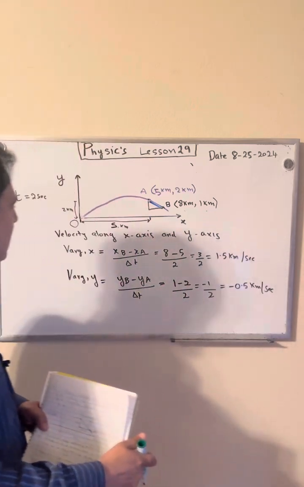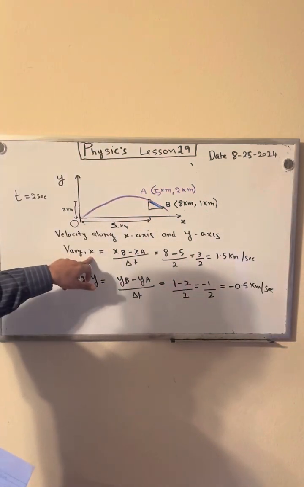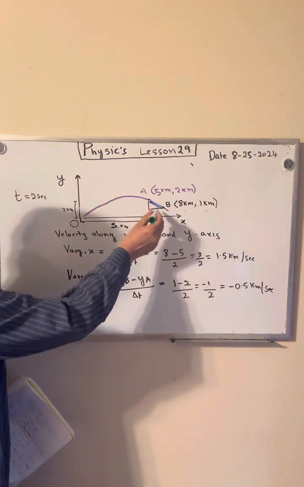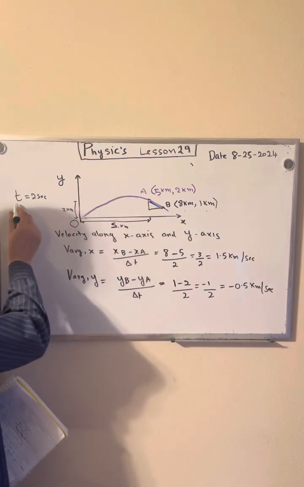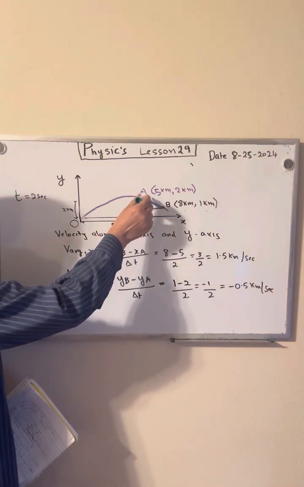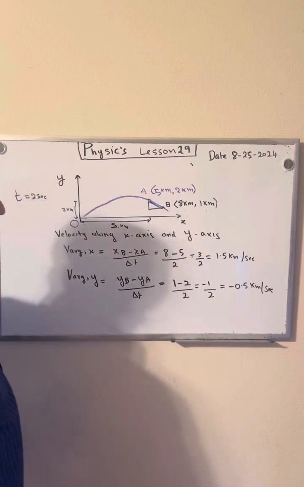So what we did was that we calculated v average along x axis by saying xb minus xa over delta t, which is given 2 seconds. It takes 2 seconds for the ball to go from point A to point B. All right.